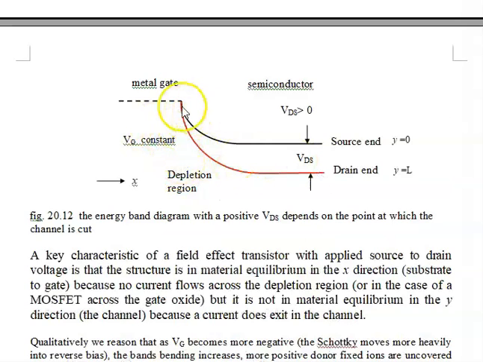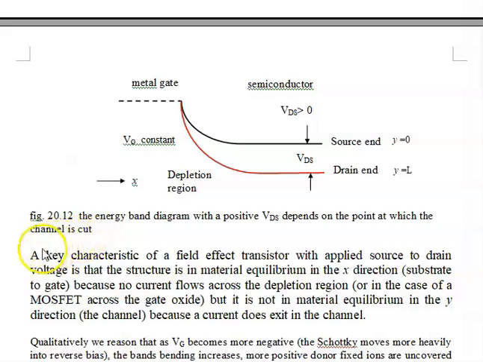If I cut at the source, y equals 0, I have a little bit of band bending. If I cut at the drain, I have lots of band bending, and the difference is the source to drain voltage, VDS.